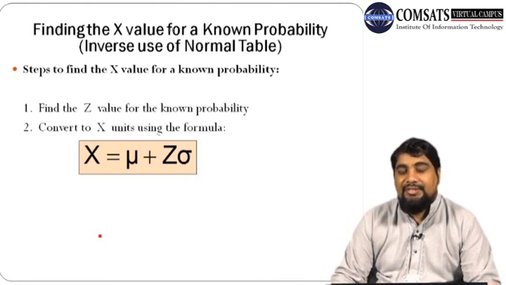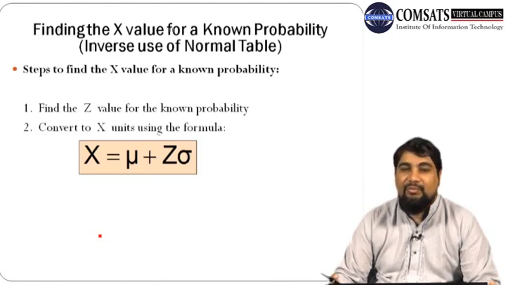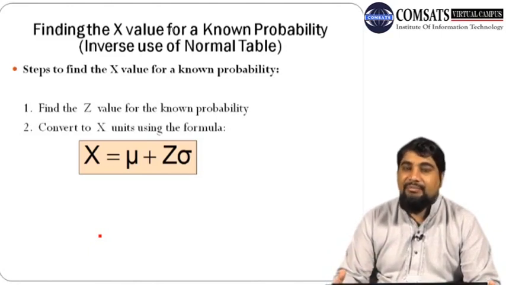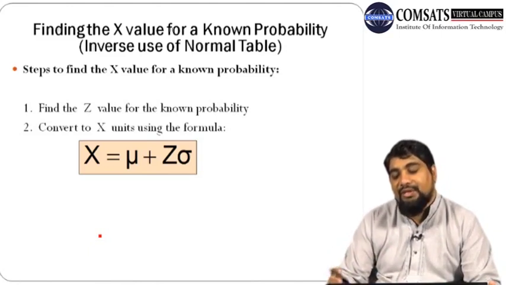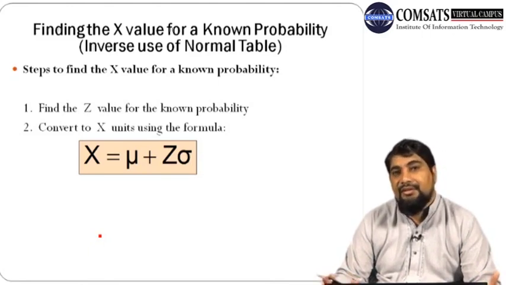In these types of questions we know the probability, and we want to calculate what is the particular value of x below which, let's say, 10% of the probability lies, or what is the particular value of x above which, let's say, 60% of the probability lies, when x follows a normal distribution with mean, let's say, 50 and standard deviation 10.